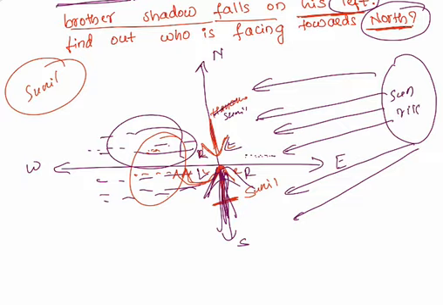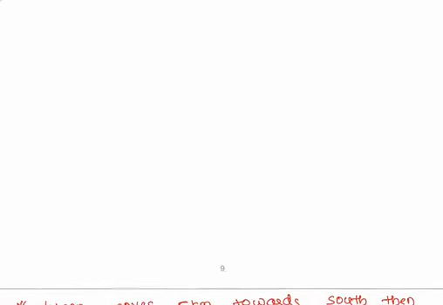You understood it? I will explain this question in another way. For example, this is the sunrise. Shadow always falls on the side opposite to the sunrise. The sun comes from this side, and this is the shadow.